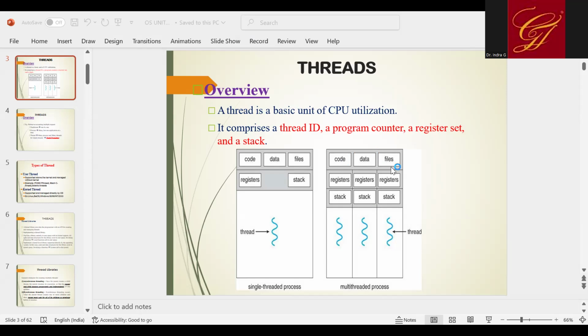The files related to all the threads are stored in the file portion, the program part related to all the threads is stored in the code section, and the data accessible to the 3 threads is stored in the data section. In spite of this, each thread has its own registers and stack portion. So this is about the single-threaded process and the multi-threaded process.